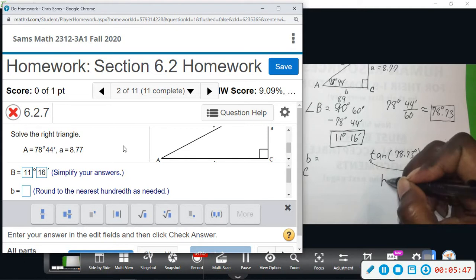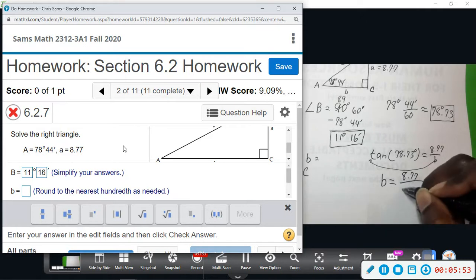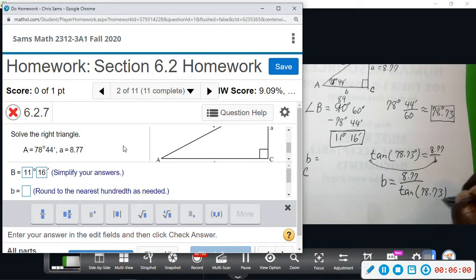So again, we're going to interchange these, multiply by B and then divide by tangent, so we get B equals 8.77 divided by tan of 78.73.